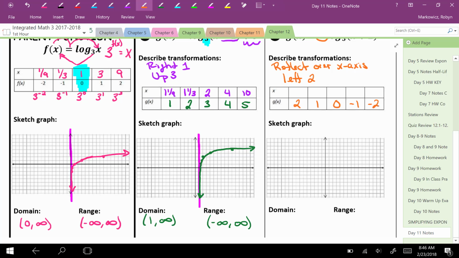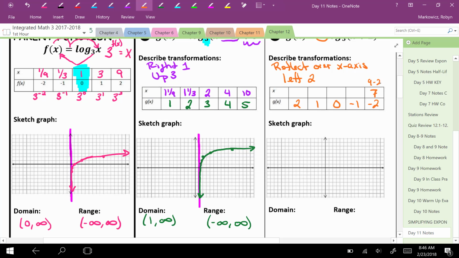Okay, left 2. What does left 2 affect? X's. Since we're going left 2, are we adding or subtracting 2? Subtracting 2. Now, this might be a little confusing filling the table because we have fractions. So how many points do you need to graph? 3. So let's go to the other side. What is 9 minus 2? 7.